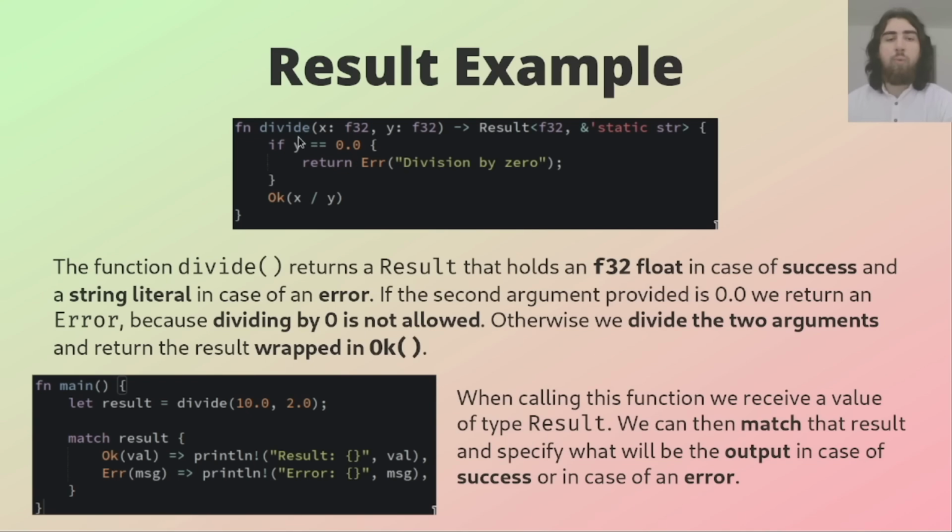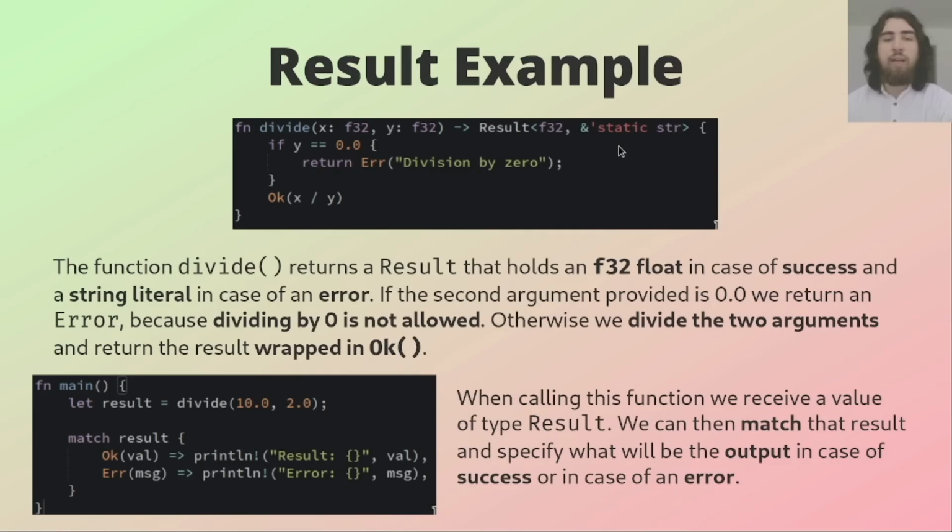Now in case y holds a value of 0, then we return the error variant of the result enum, and we provide an error message. In this case, we use an explicit return keyword, meaning when this returns, it won't execute any further.